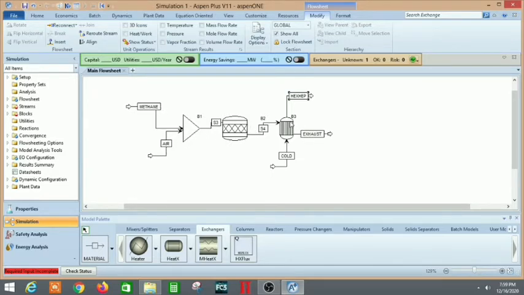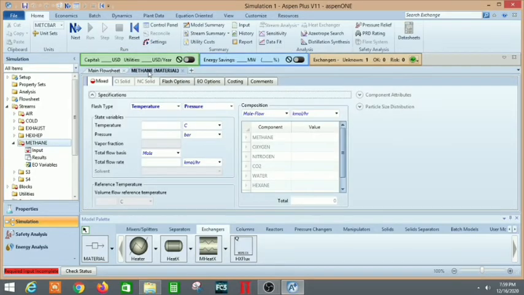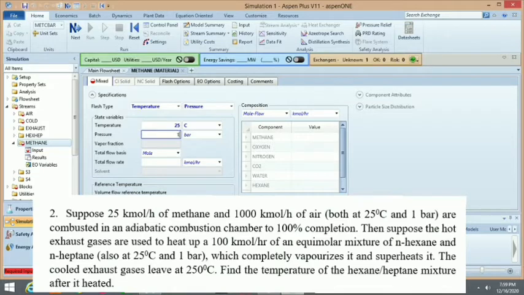So this is the overall flowsheet. The exhaust gases are hot and they need to be cooled down with hexane heptane. Let's put in the temperature, pressure, and the mole flow rate. This is the methane, so the mole fraction would be 1 because there is only methane in this.